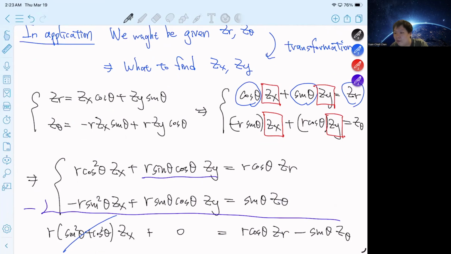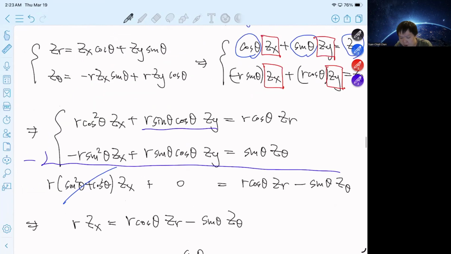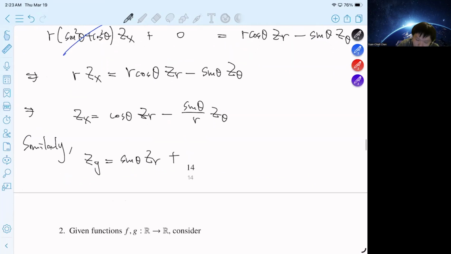Again, we will have sine squared plus cosine squared. So we get R times Zy, and the Zx term will disappear. So you can see how it goes. It will be sine theta Zr, and plus, since in the previous case we had to subtract, but now we have to add them together. So I think you can guess it. It will be cosine theta over R Z theta. That's it.